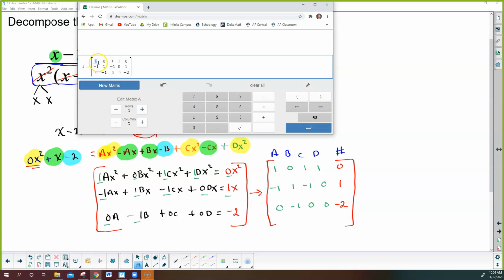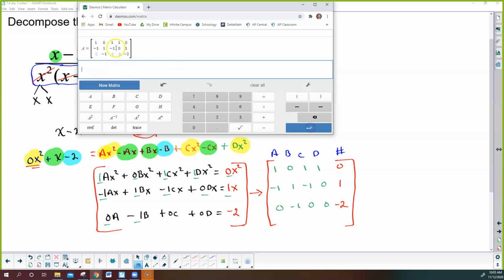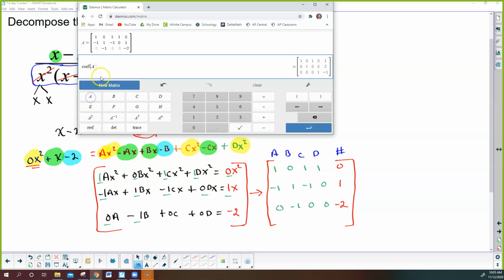And then I always do a quick visual double check when you're typing it in, especially if it's a quiz or a test. You just want to make sure that everything's typed in exactly the way it is here, because if not, then you won't get the right answer. And then reduced row echelon form of matrix A.